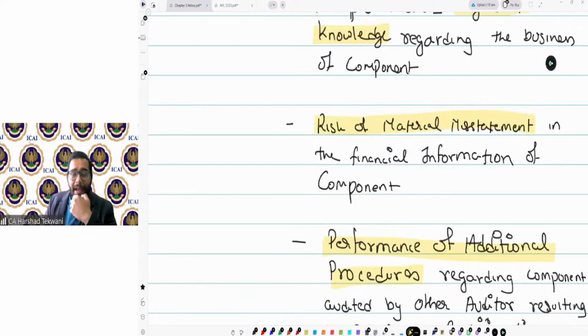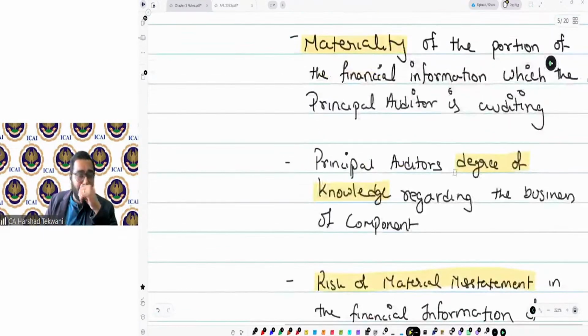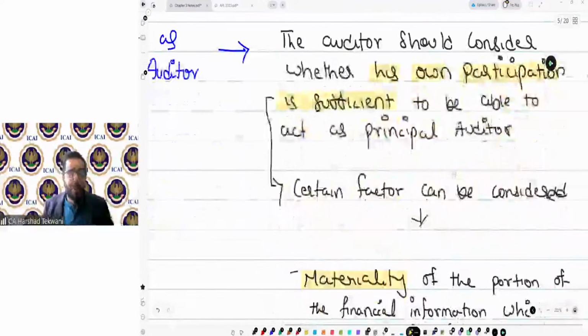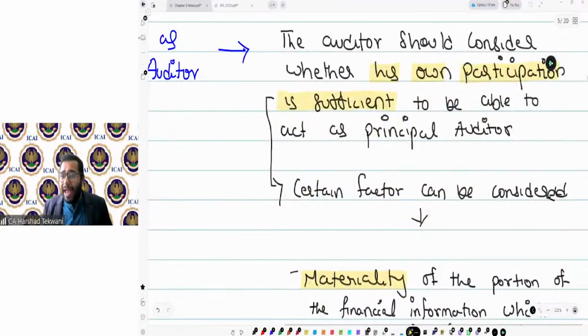Based on these, it could be understood whether the participation is sufficient or not. If it is not sufficient, then before accepting as principal auditor, he should think whether his appointment will be appropriate in this regard or not.